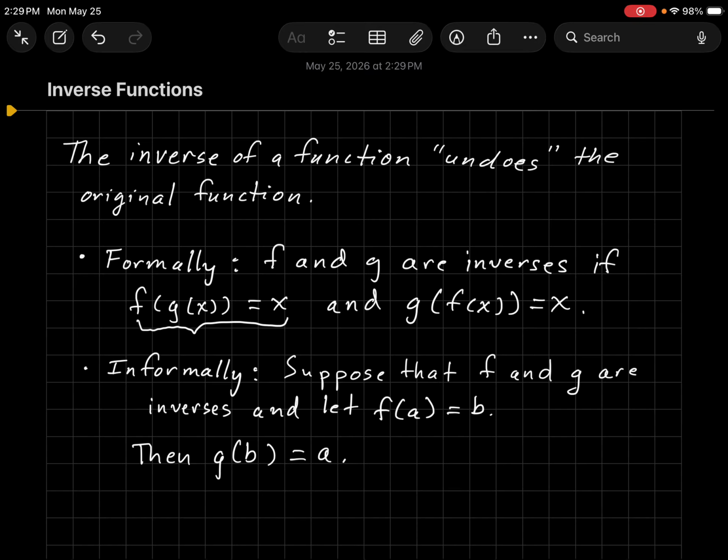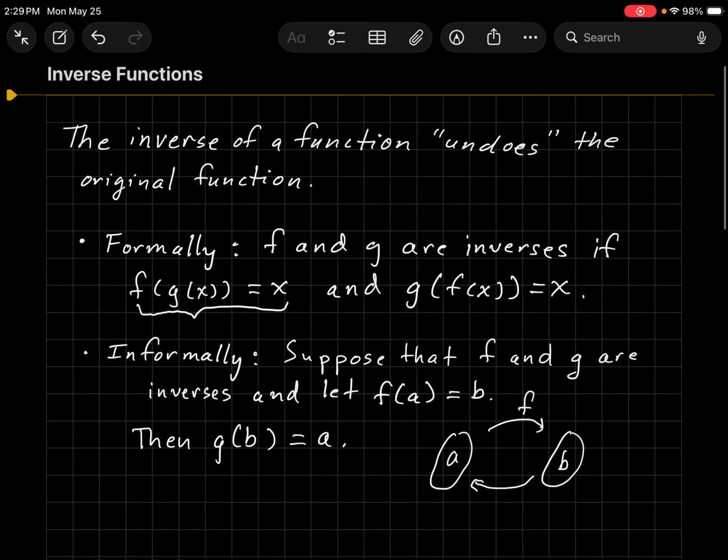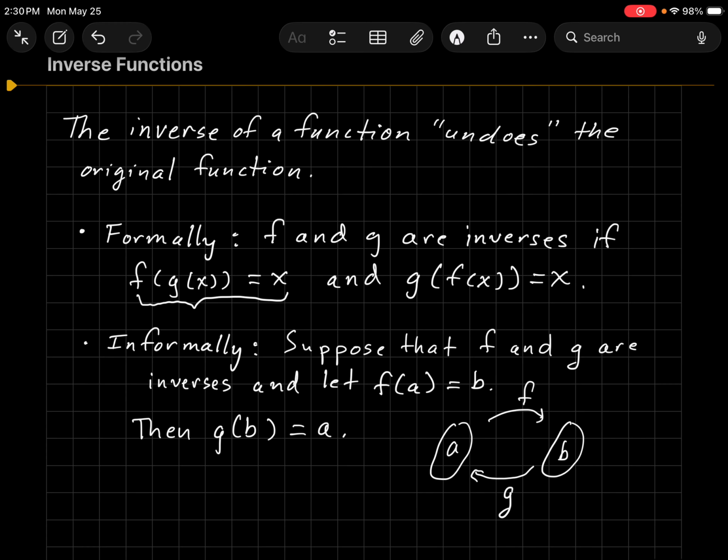That is, we could say f takes a to b, like that, and then g takes b back where we started, to a. That's what I mean by an inverse undoing what the original function does.